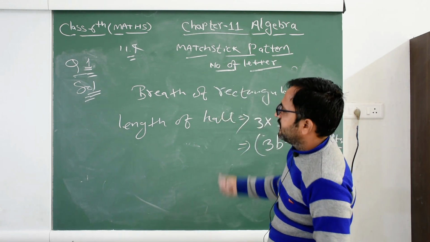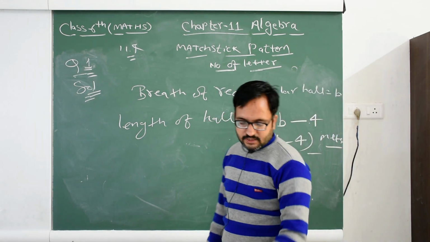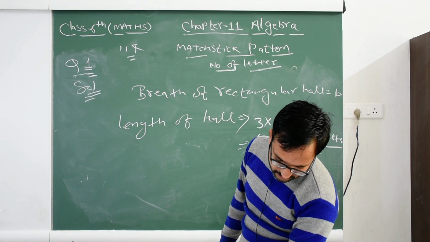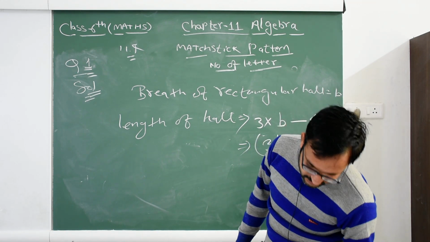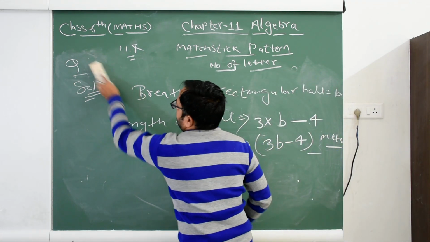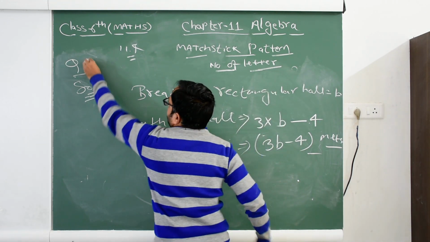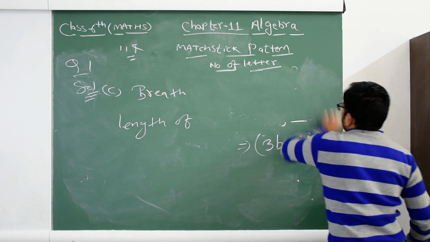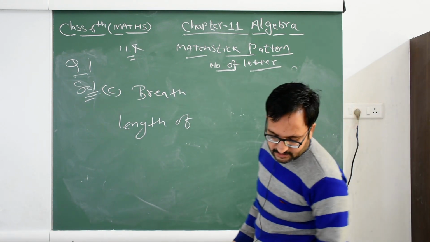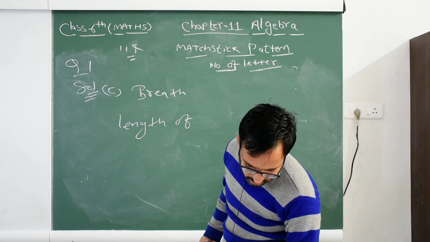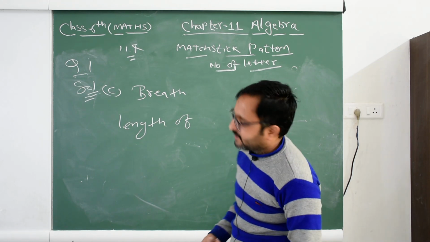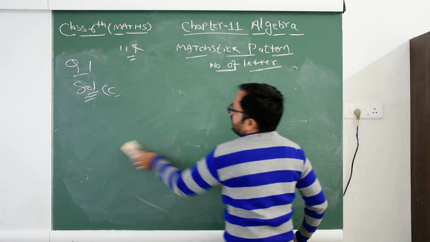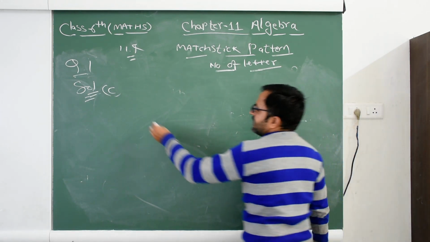Same as we solved the other questions, now we solve C part. Question number 1, C part. A rectangular box has height. What is the height of the box? We use the variable h.